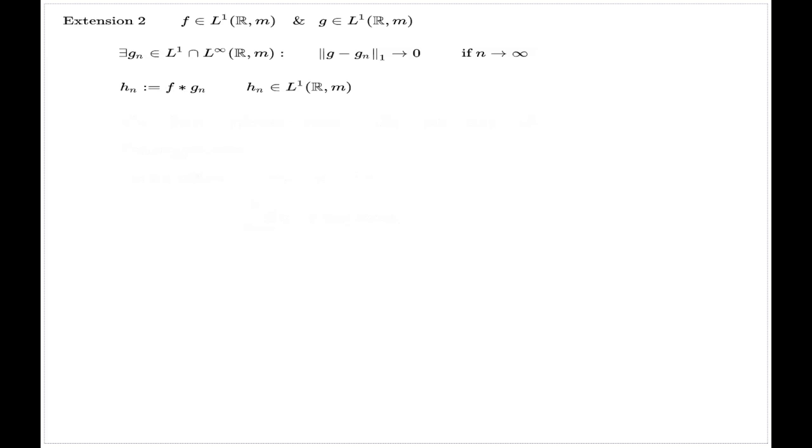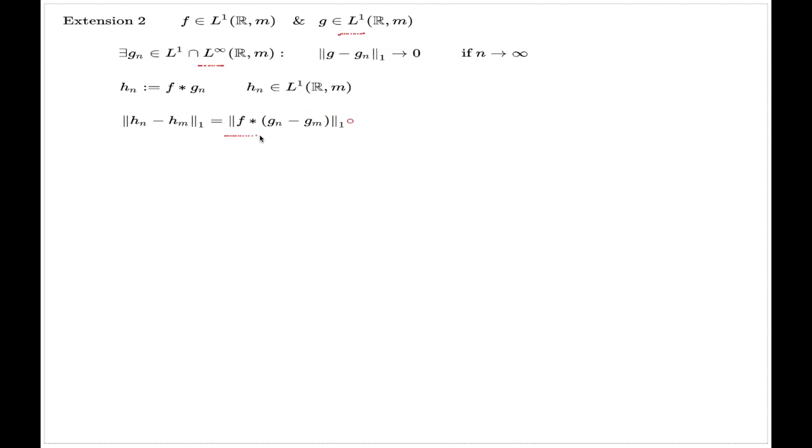Moreover, if I look at the difference like this, this will change into an expression like this. You can just put the difference in one of the components of your convolution. Now, observe that f is an integrable function here, and this bracket is a summable and bounded function.